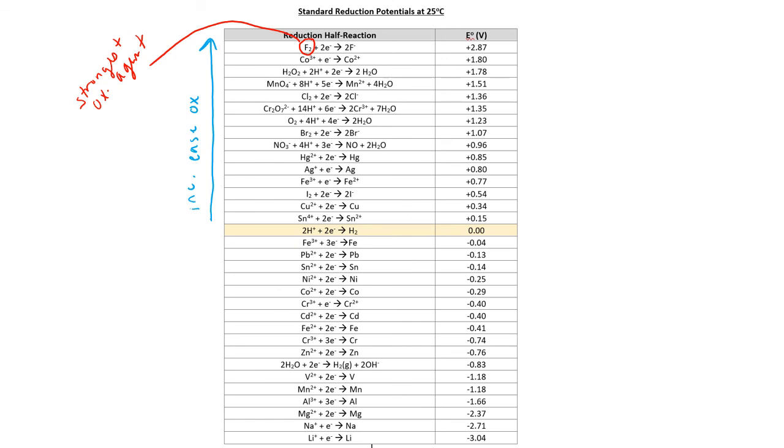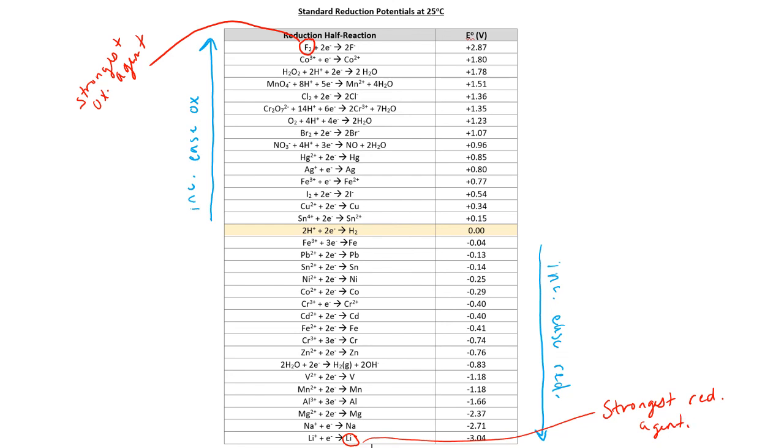And if we look on the flip side now, below the S.H.E., as we go down the list, this is representing our increasing ease of reduction. And so on the opposite side of the arrow, like lithium, for example, all the way down here, solid lithium, that would be our strongest reducing agent.